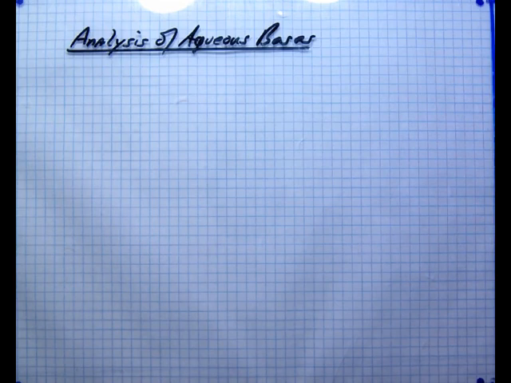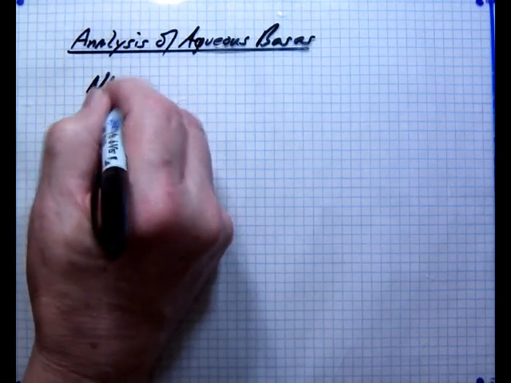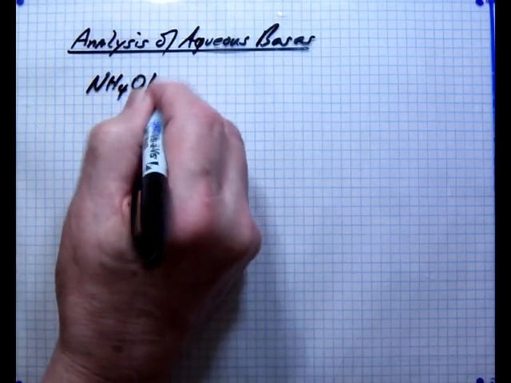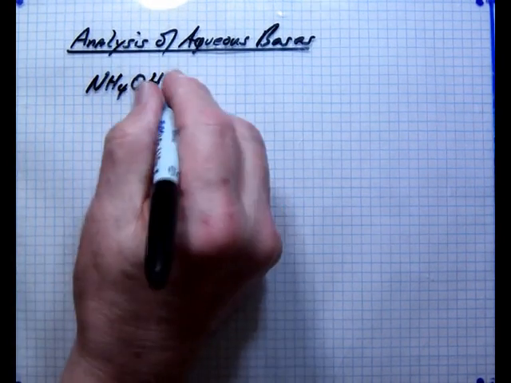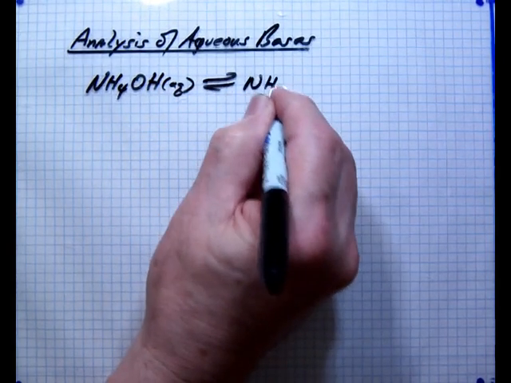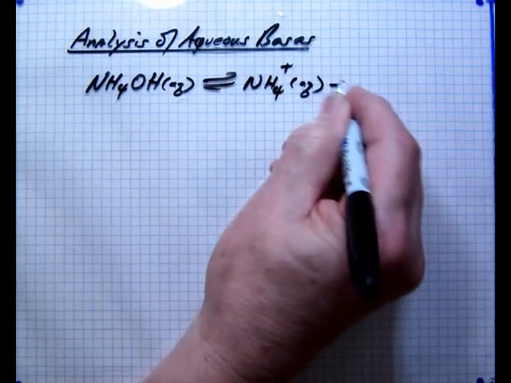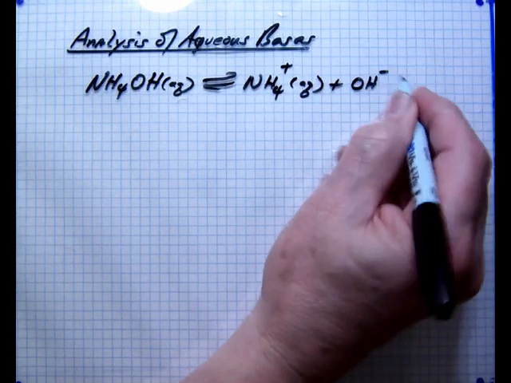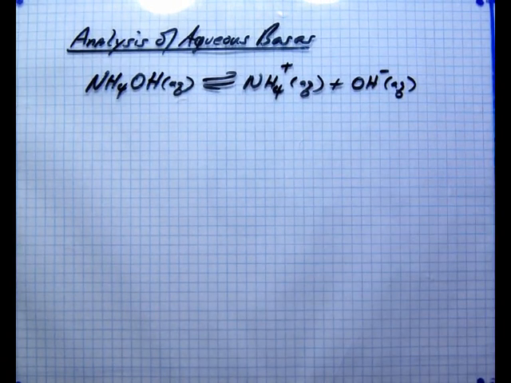Well, essentially, if we take a weak base, ammonium hydroxide is classified as a weak base in aqueous solution. We find it to ionize to ammonium ions and hydroxide ions, like that.